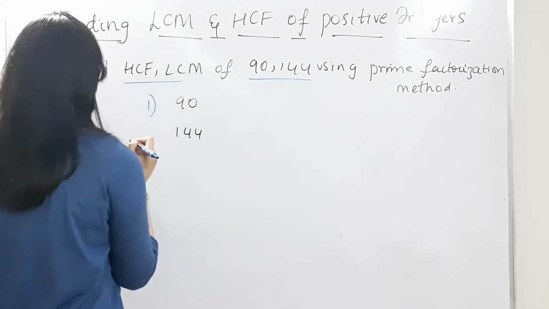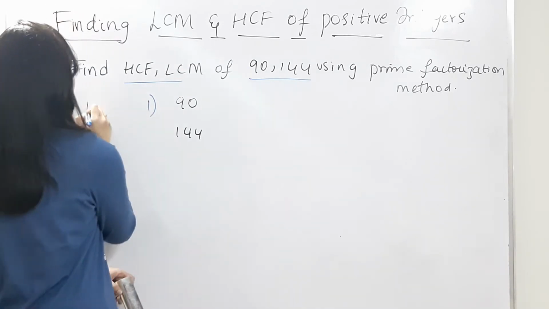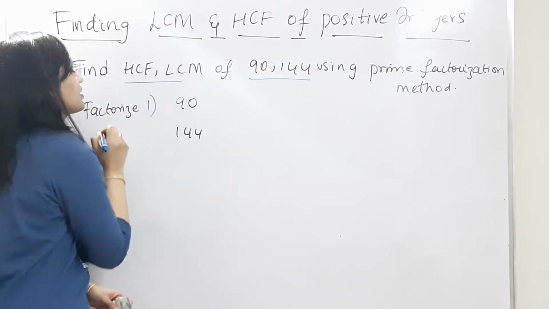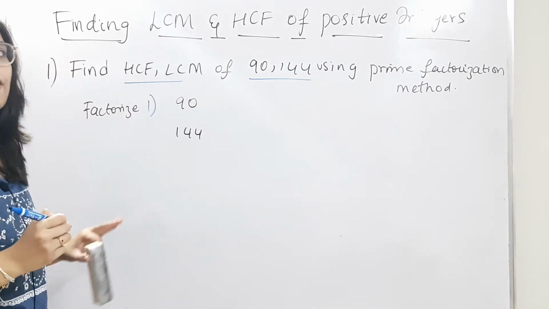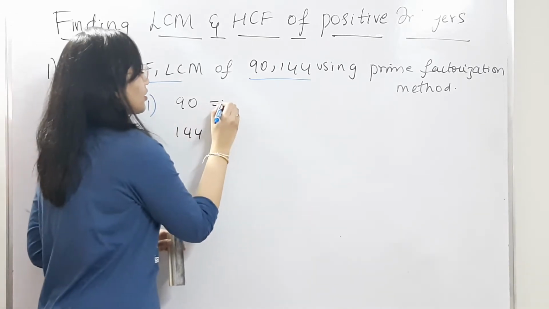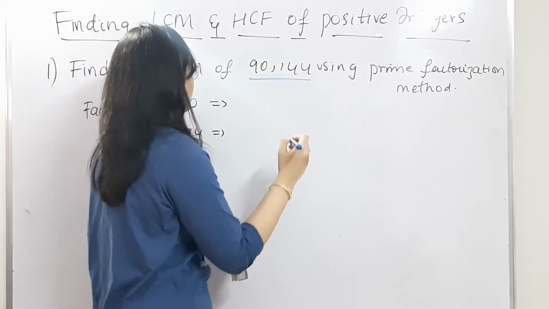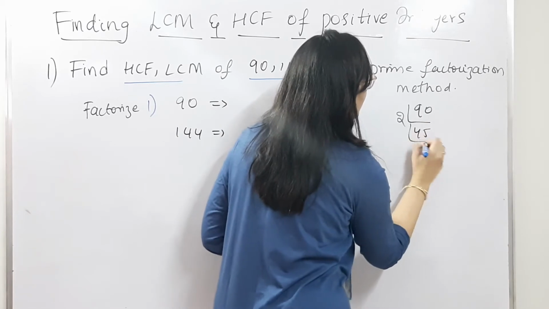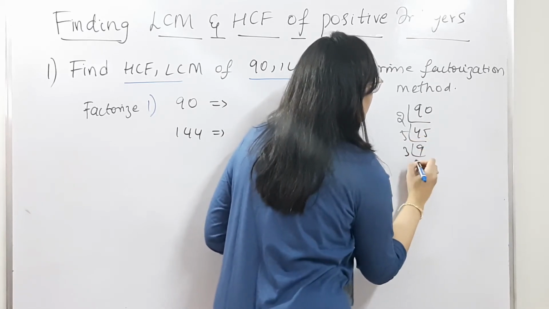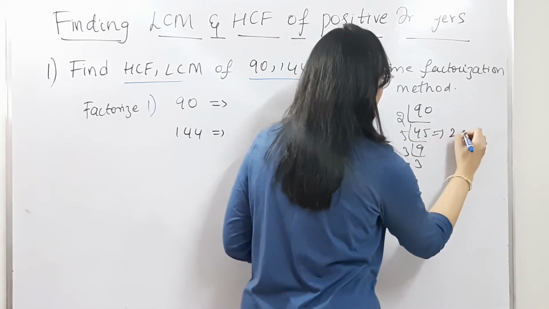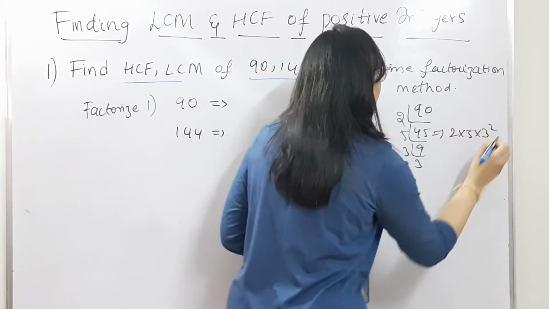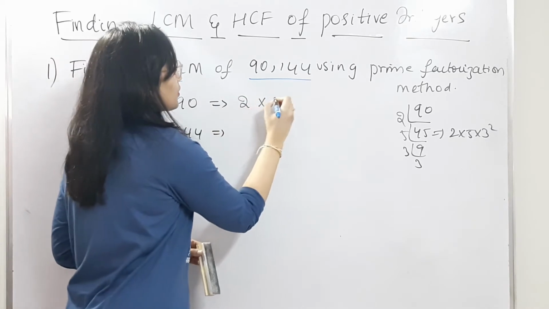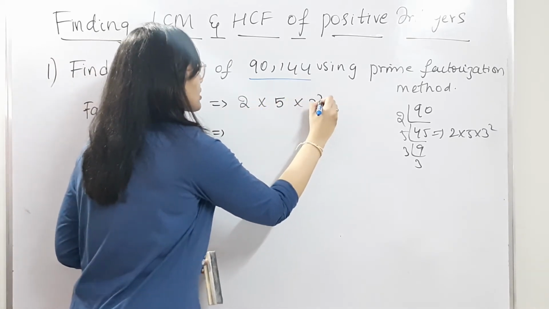So how do you factorize 90 and 144? We'll say 2 45s are 90, 5 9s are 45, 3 3s are 9. So the prime factorization of 90 is 2 into 5 into 3 square. So let's write this: 2 into 5 into 3 square.